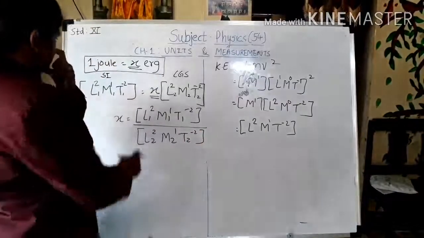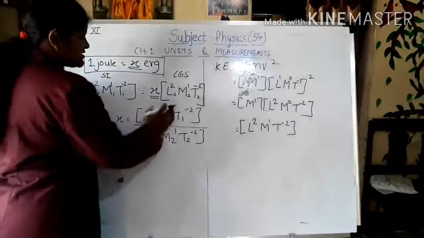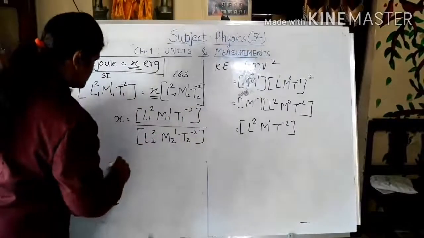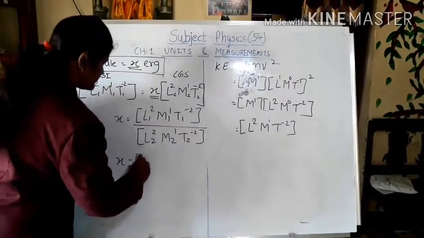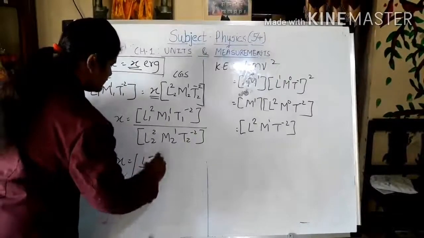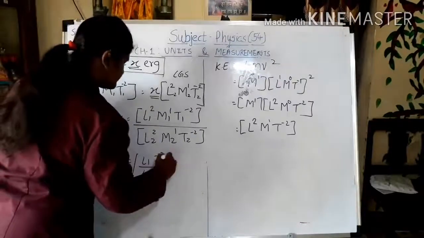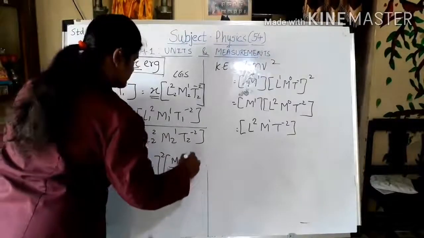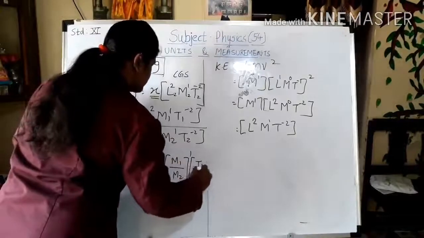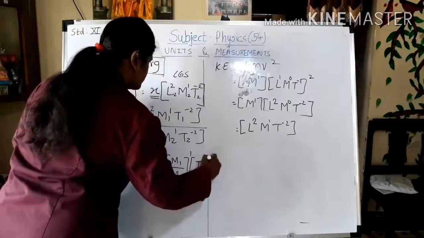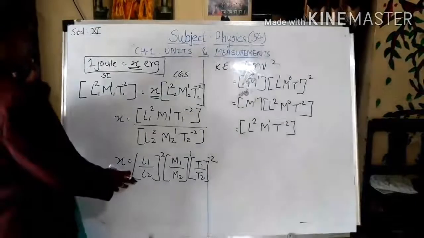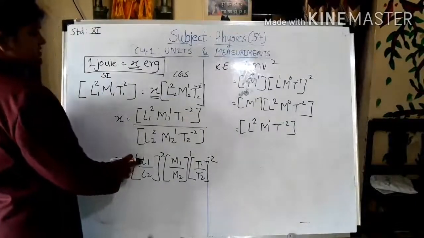As you can see over here, I can separate out the three terms, that means L, M and T. So I will write it like this: L1 by L2 both raised to 2, M1 by M2 both raised to 1, T1 by T2 both raised to minus 2. Now, what is L1?